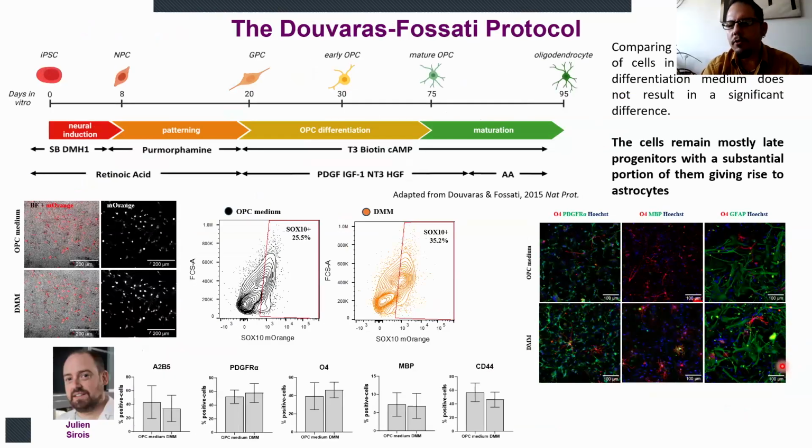So in order to differentiate oligodendrocytes, we started using a well-known protocol published by Douvaras and Fossati in 2015 that consists of mainly 4 phases, from neural induction to patterning. So you want cells to have an identity corresponding to the pMN domain at the beginning of the spinal cord.